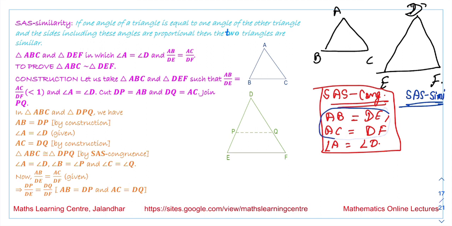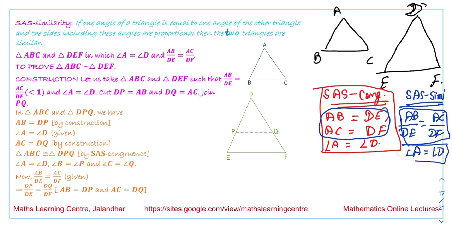So this condition of equality is replaced with AB over DE equal to AC over DF, that is, the sides are proportional and the angle between these two sides is equal. If this condition is satisfied, then the two triangles will be similar to each other.